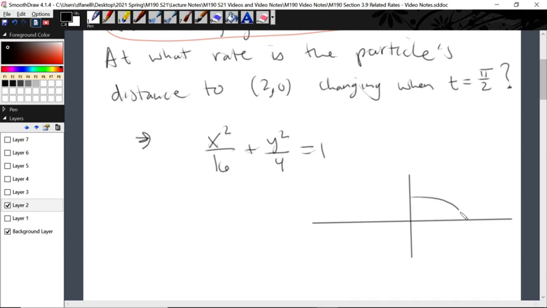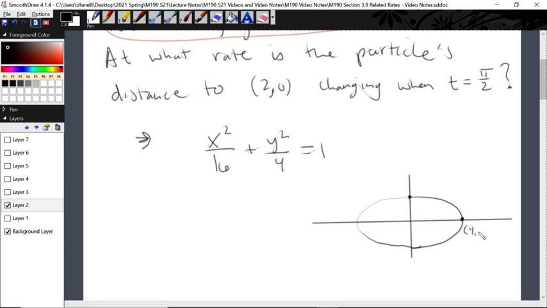Or here's another way to look at it. Solve for the intercepts. If you set x equal to 0, you get y is equal to plus or minus 2. If you set y equal to 0, you get x is equal to plus or minus 4. So this ellipse clearly stretches further along the x-axis than it does along the y-axis.